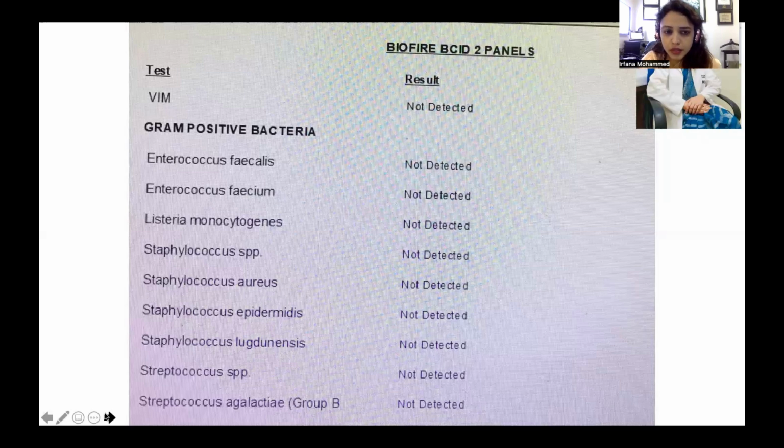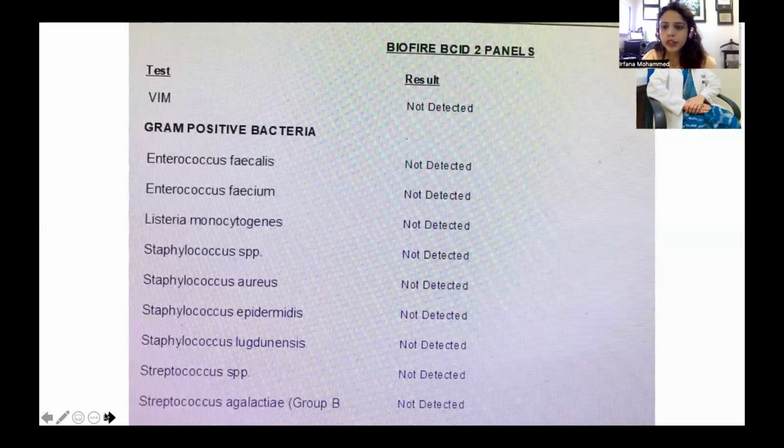But this is an extremely sensitive test and has a huge number of organisms in the panel. There is around 90 to 95% concordance between the final blood culture and the BCID2 panel, so it is extremely useful.